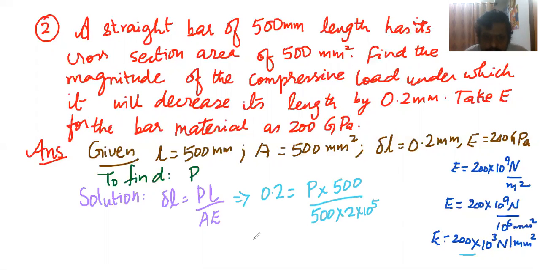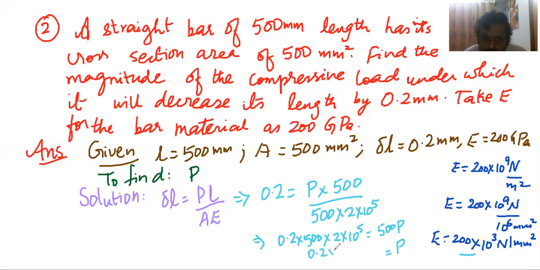So this is very simple, students. So we have used all the data. So what we'll do, we just cross multiply: 0.2 into 500 into 2 into 10 power 5 equals 500 into P.